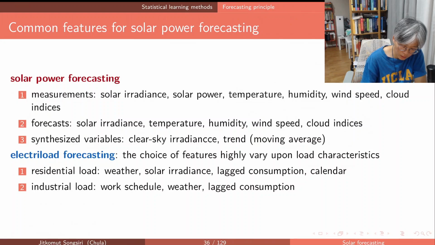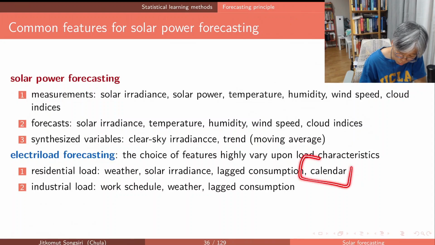So typically, the main variables are the weather condition or the temperature, solar radiation as well, the lagged electrical load power, and the calendar information, because you have holidays and it may rely on the assumption that you stay home on the holidays, so you consume a lot, and on work days people go to work, so there's less consumption in your household.